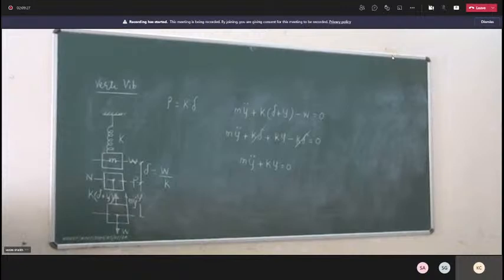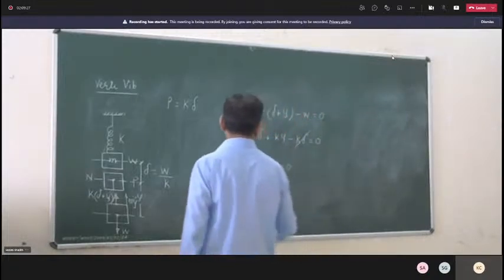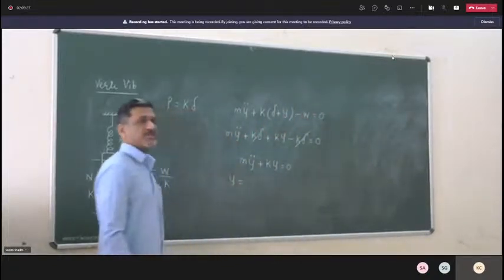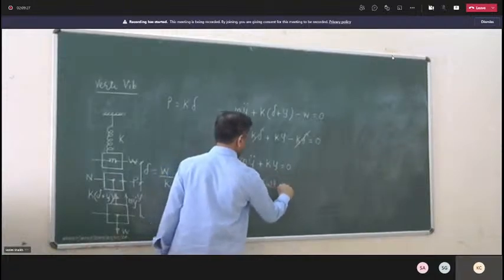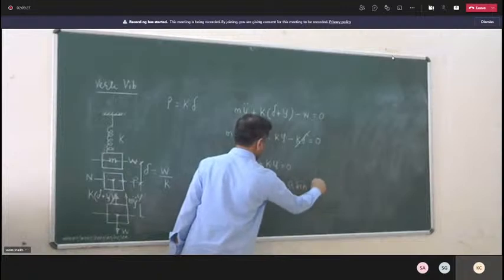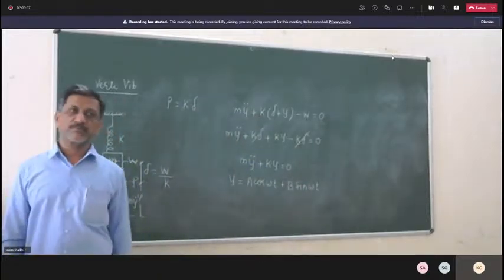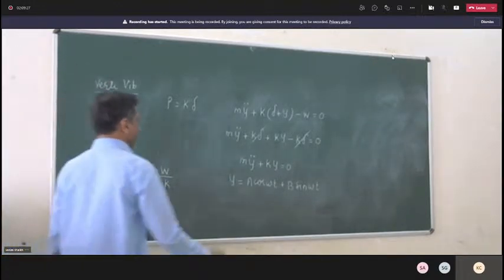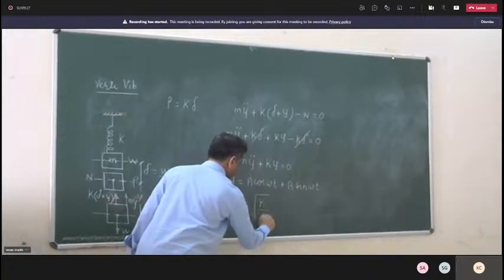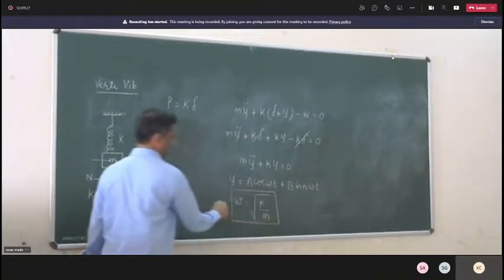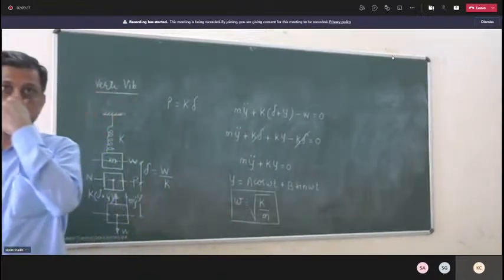Therefore, your solution will also be the same: y is equal to A cos omega t plus B sin omega t, where omega will be under root K upon m, stiffness of the system upon mass, root.